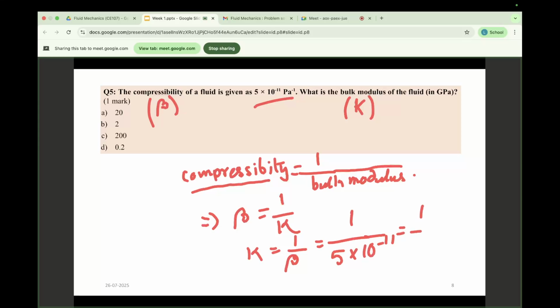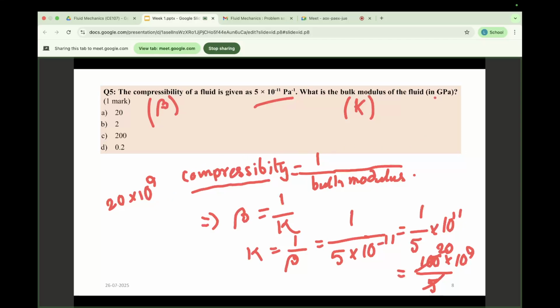So that means 1 by 5 into 10 to the power minus 11, so it will move to the numerator, 10 to the power 11. I can write 10 to the power 11 as 100 into 10 to the power 9. So we got 20 into 10 to the power 9.